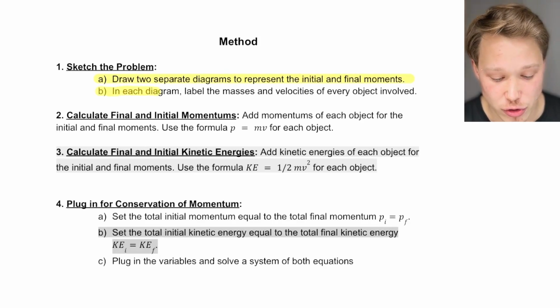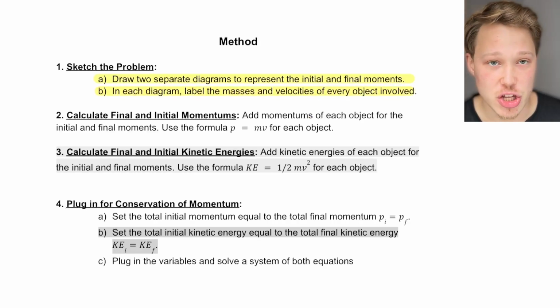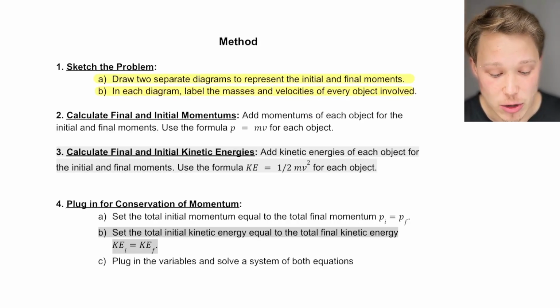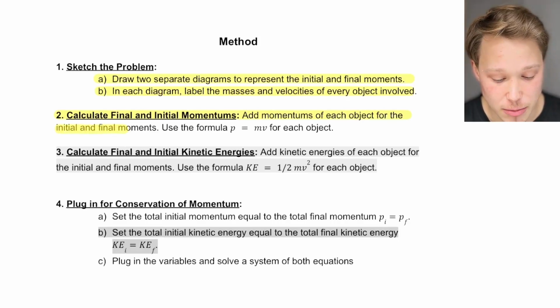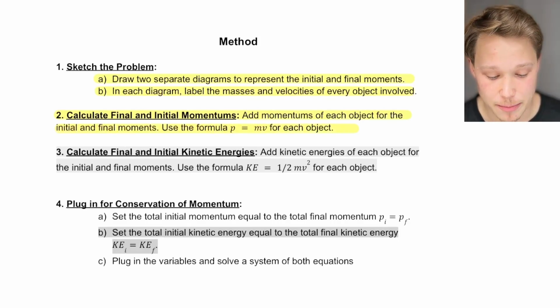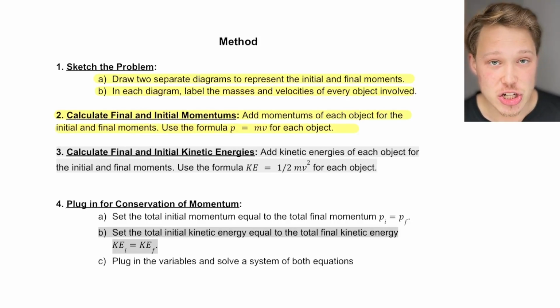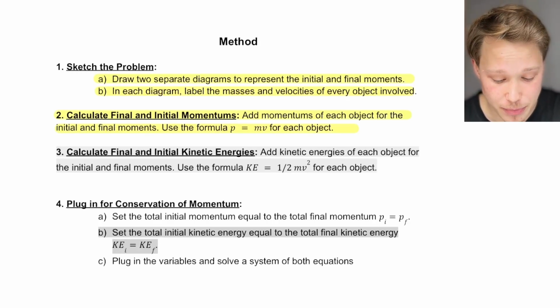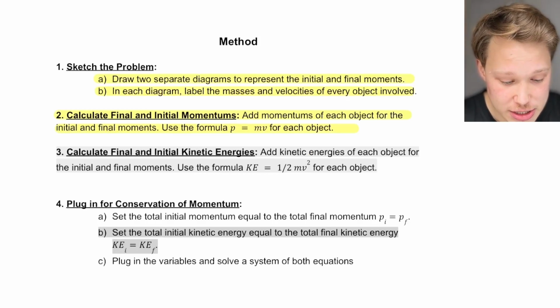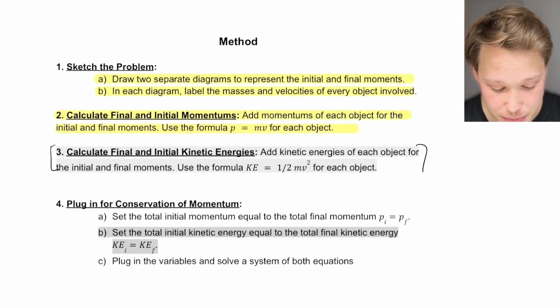Then we label masses and velocities of each object, and calculate total initial and final momentums. The additional step is that now you will also calculate the total initial and final kinetic energies. So that's the third step right here.